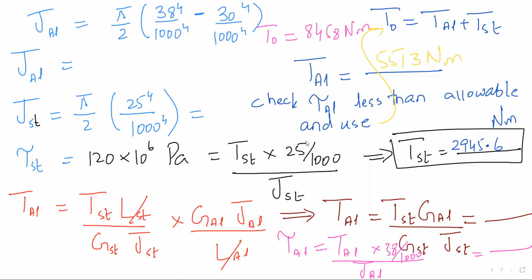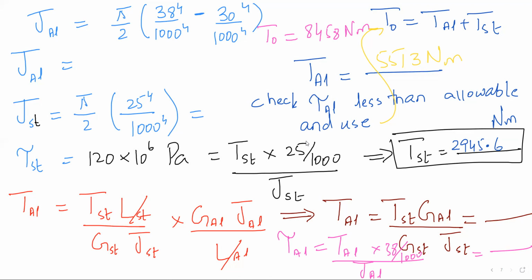Okay, so then we have T aluminium. Let's cancel this. So we have T of steel divided by G of steel, 77 gigapascals.